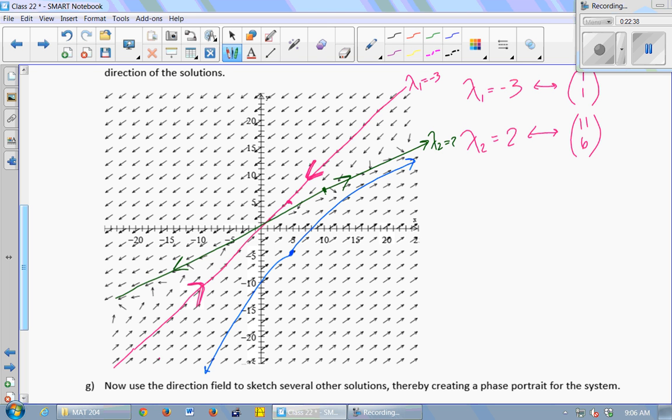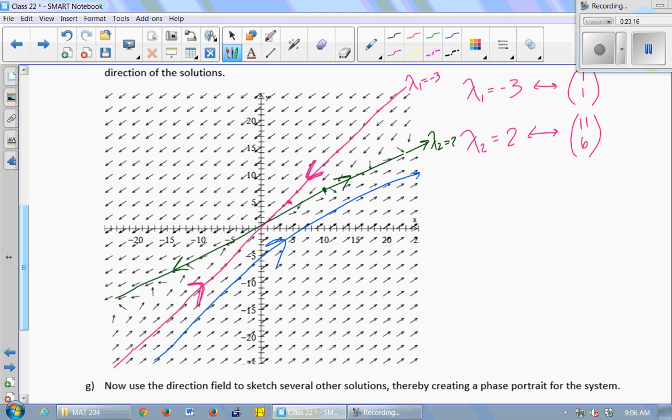Should it be curved? Yeah. Curving away from the line. Yeah, it kind of does. I don't know, something like that. And then the arrows are all going in that direction.